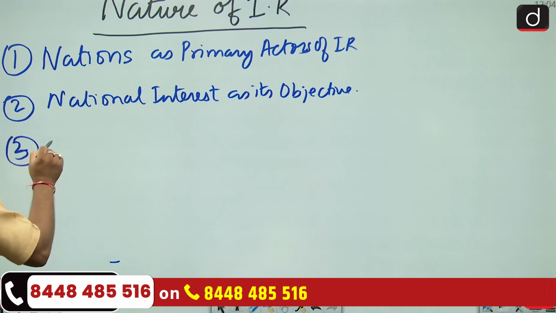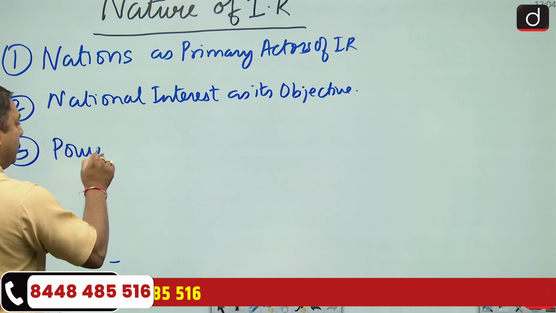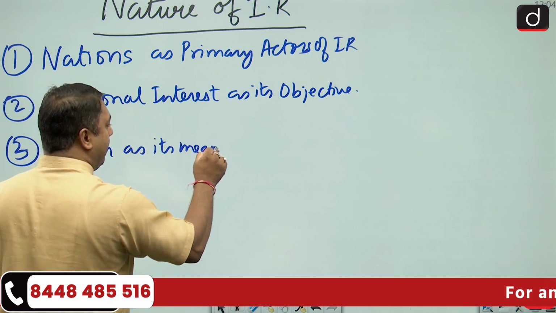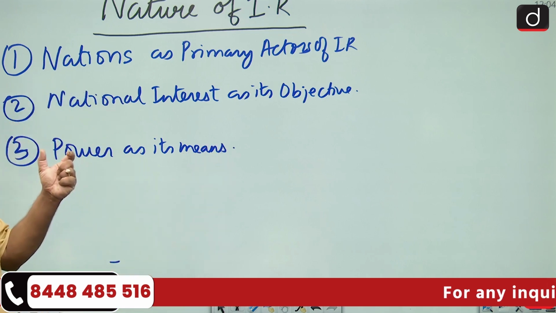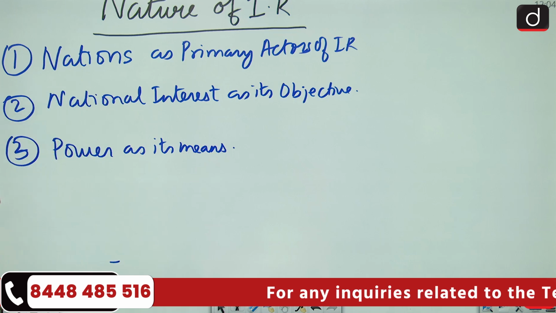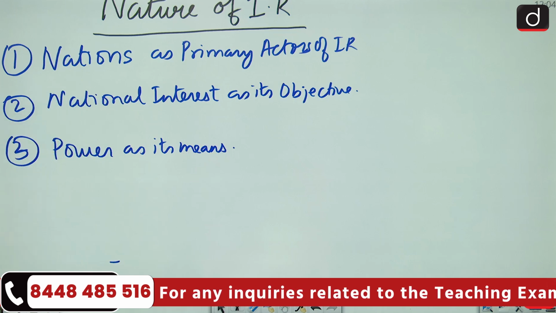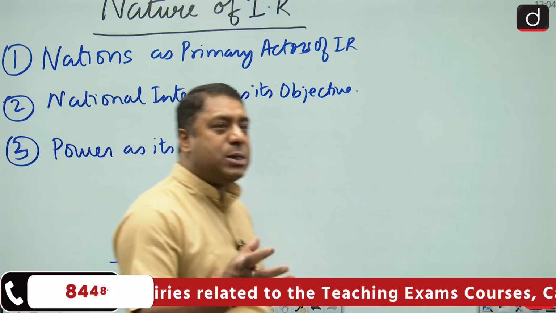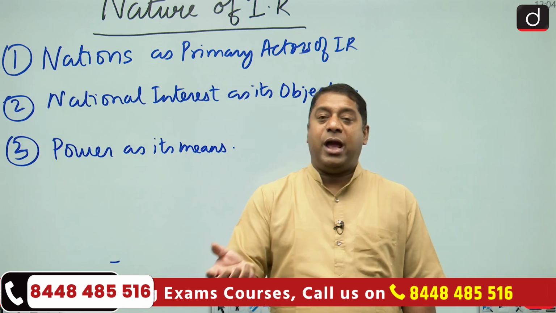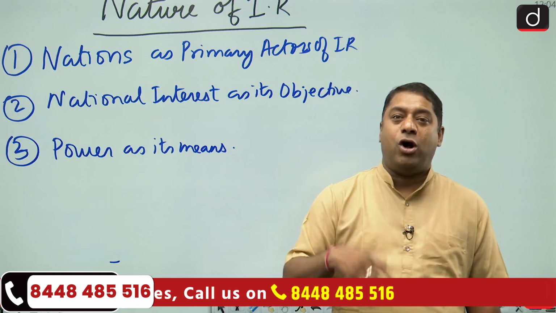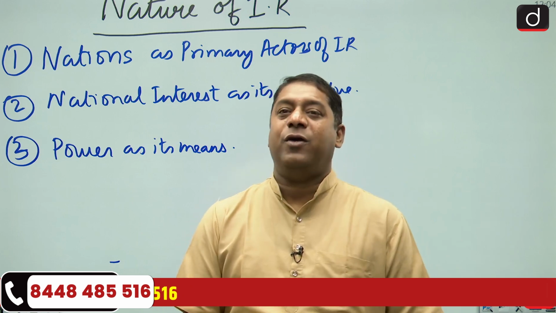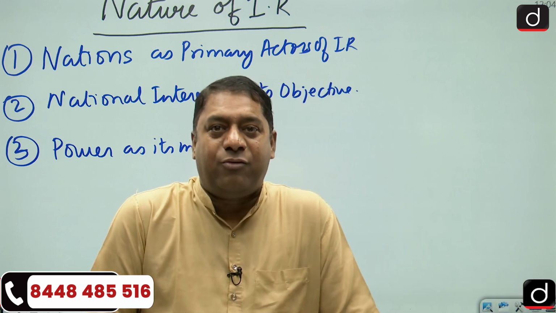Third, power as its means. जब ऑब्जेक्टिव नेशनल इंटरेस्ट है तो पावर क्या है? पावर इज द मीन्स. That means what is the objective of every nation? The objective of every nation is to secure its national interest or to achieve the goals of the national interest.